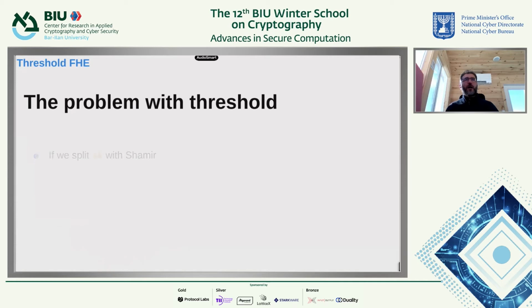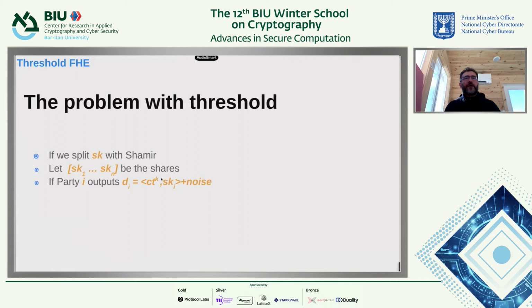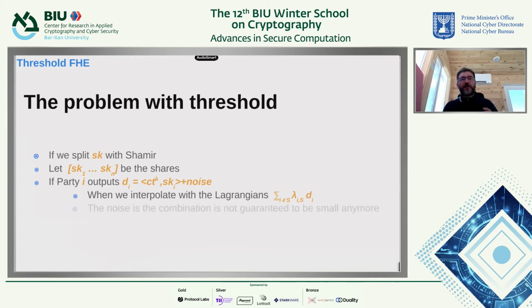So what is the problem with doing this with a threshold? If we split SK with Shamir, and each party does this, it's basically very similar to the problem that we were having with RSA. It's still the Lagrange coefficients, because now when we interpolate with the Lagrange coefficients, with RSA we had the problem that the Lagrange coefficients had fractions and we couldn't divide.